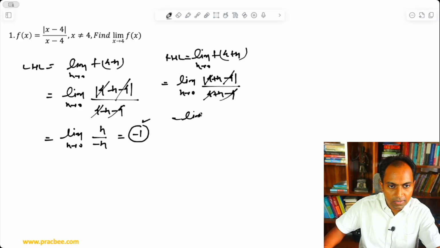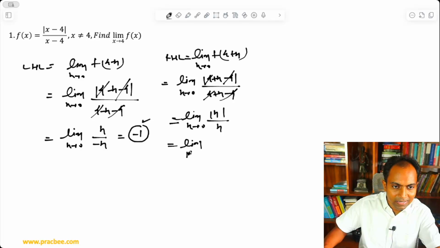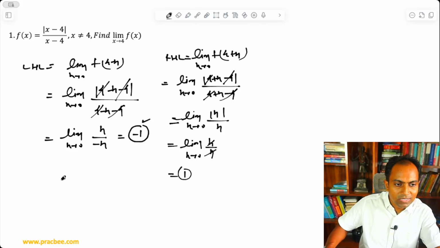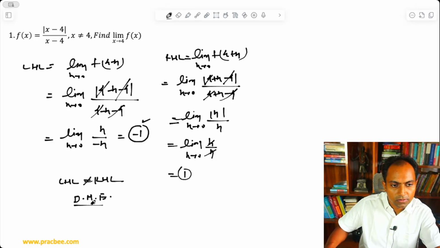As a result, this becomes limit h tends to 0, mod of h by h, which can in turn be written as h by h. This cancels out and the answer comes out to be 1. You can see that LHL is not equal to RHL. Hence, the limit does not exist.